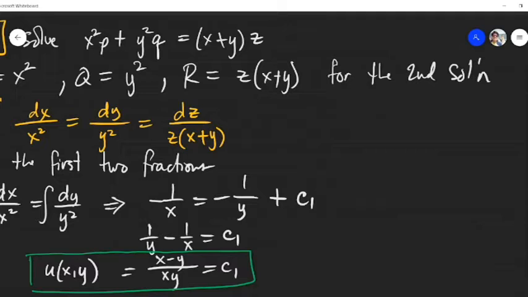Let's find multipliers that can be multiplied to the denominators, x squared, y squared, and z times x minus y, so that the sum is equal to 0. So x squared, we have that. Then we have zx.